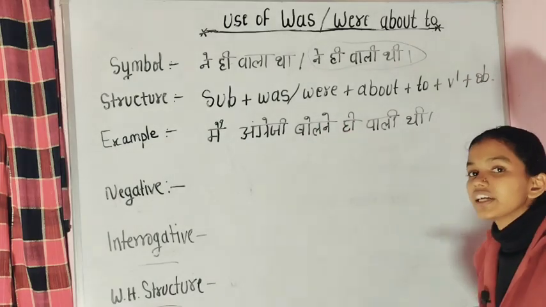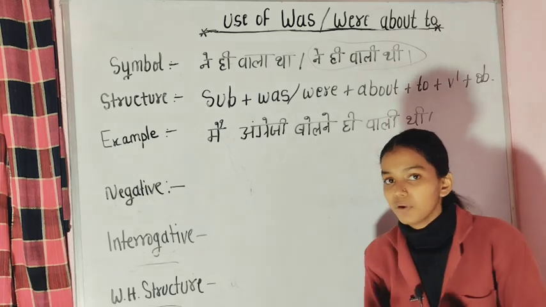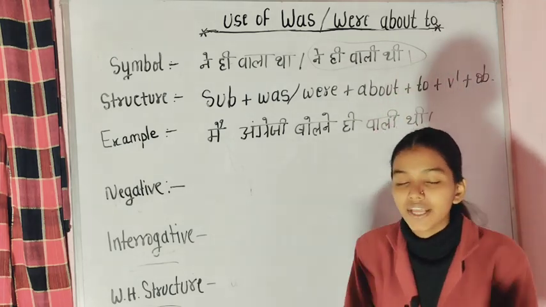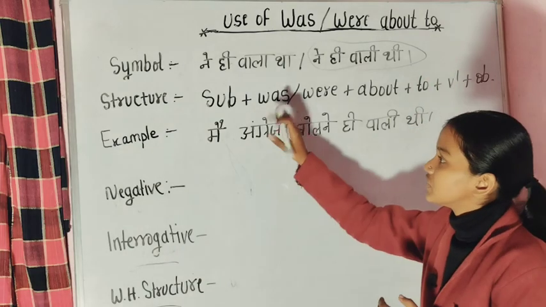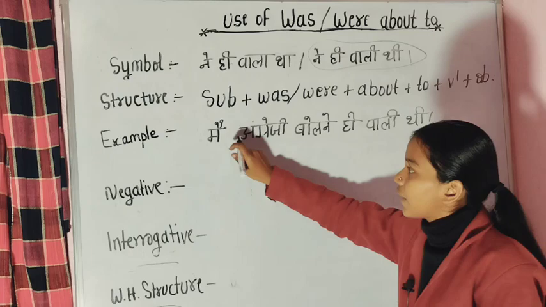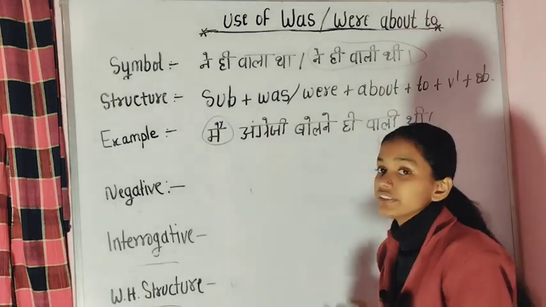In the Hindi example we can take the help of the symbol, but in the English example we have to take the help of the structure. So let's move to the structure. What is the structure? Subject. We have to find this subject. You can see मैं is a subject, मैं is a karta.